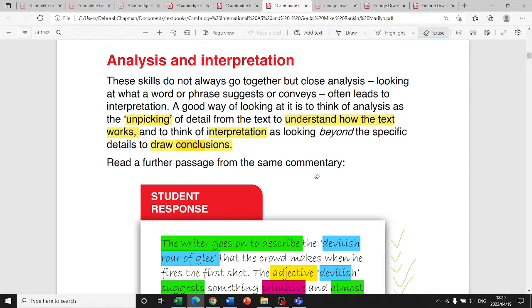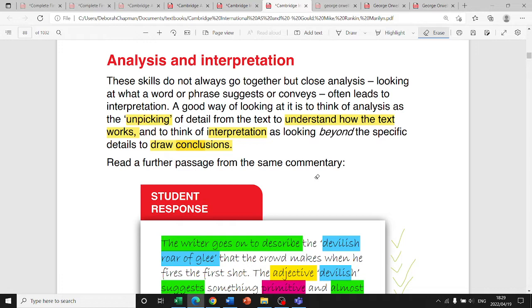Analysis and interpretation are two very different things. Interpretation, as I said earlier today, allows us to have a good understanding of the text. But we need to think about how interpretation helps us.